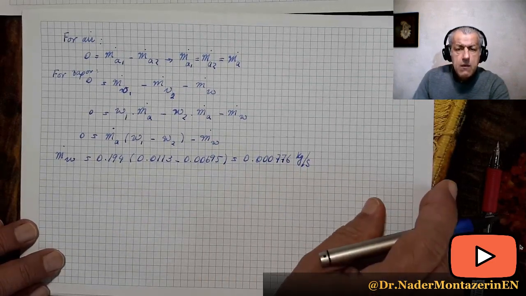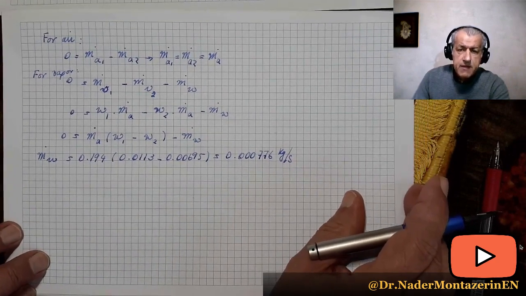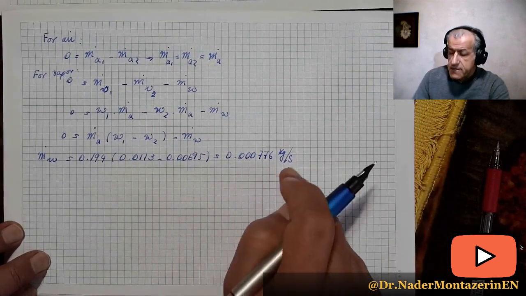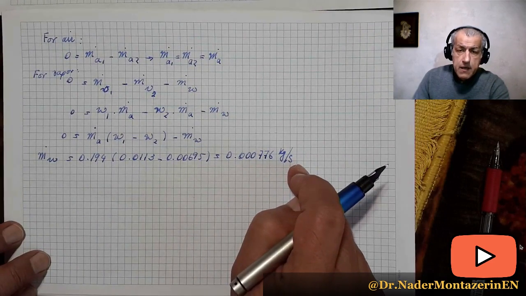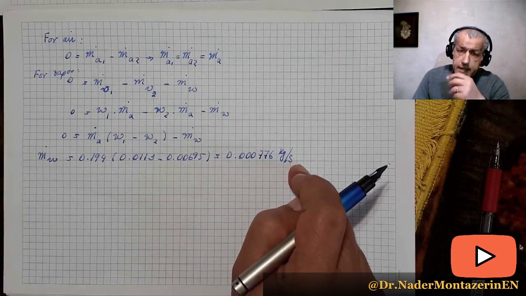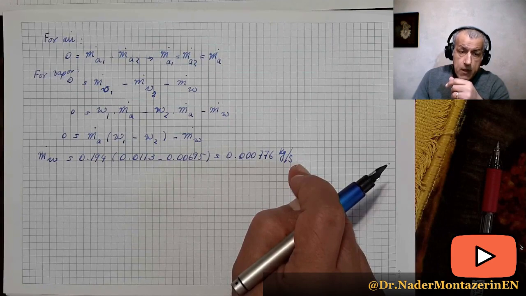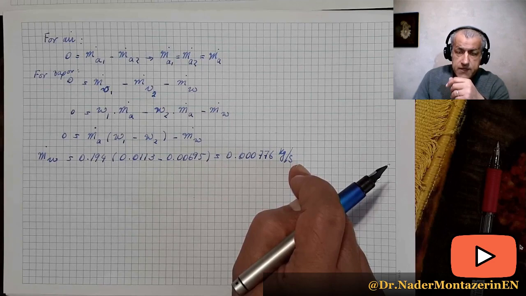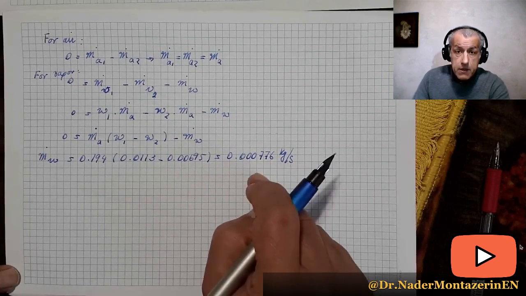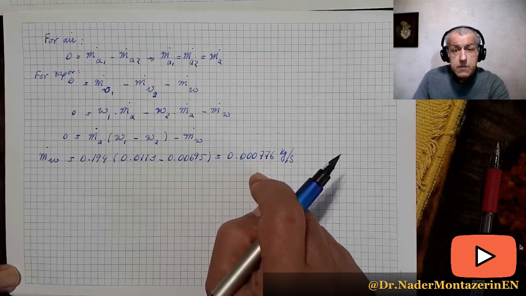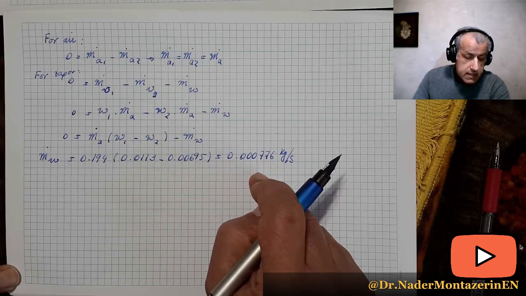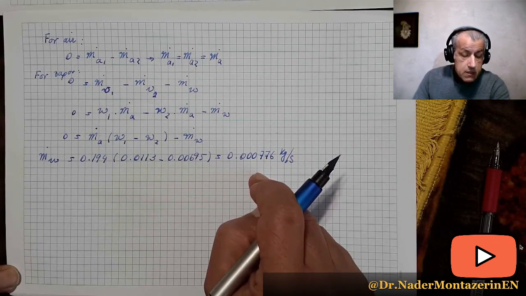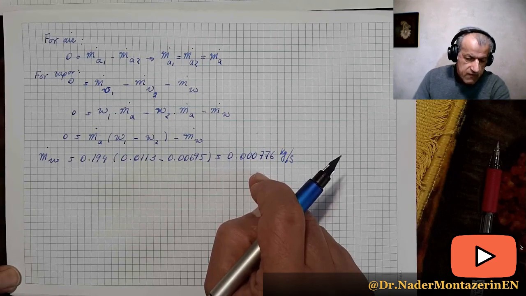You see, although it looks negligible if you calculate it per second, but remember, if you calculate it in an hour, you have to multiply it by 3600. If you calculate it in a day, then it would be 24 hours a day, and the number then would be an important mass of water that is being drifted out, in fact.